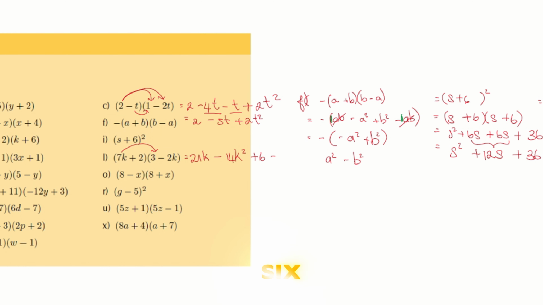And then negative 4k. Like terms? 21k and 4k. If I have 21k and I'm subtracting 4k, 17k. So my answer is 17k minus 14k squared plus 6.